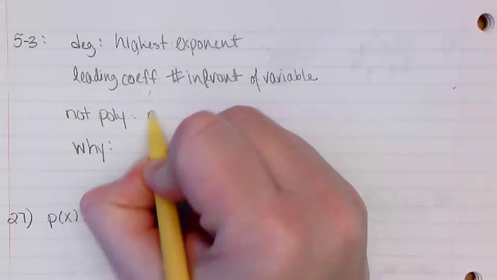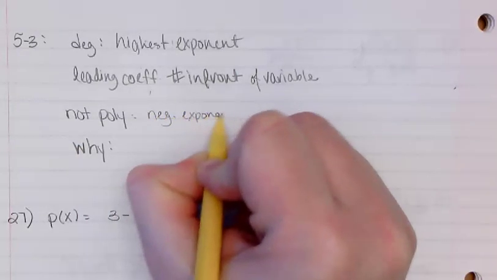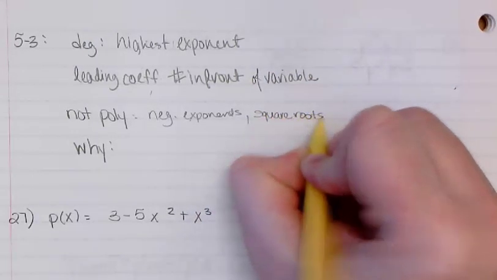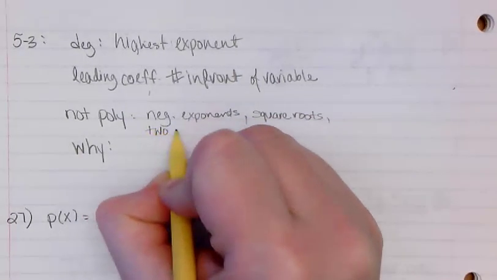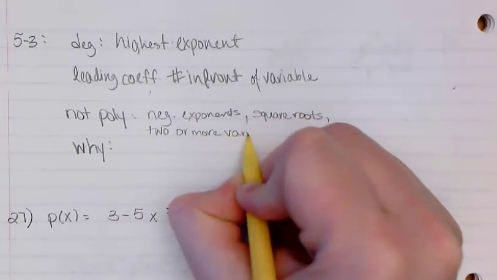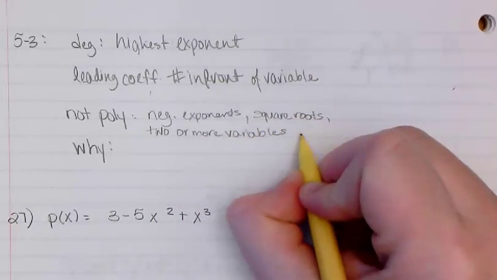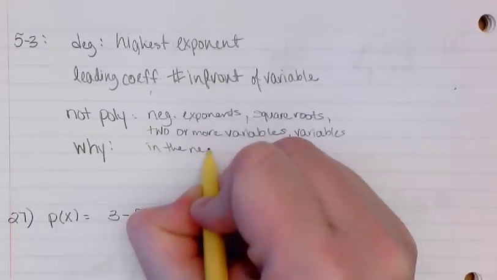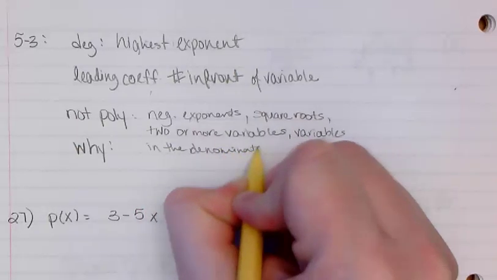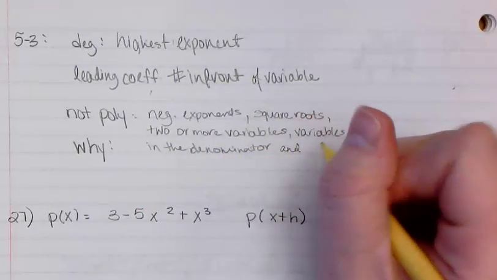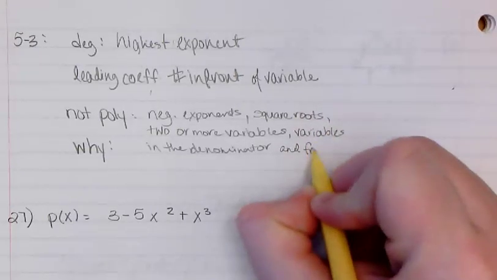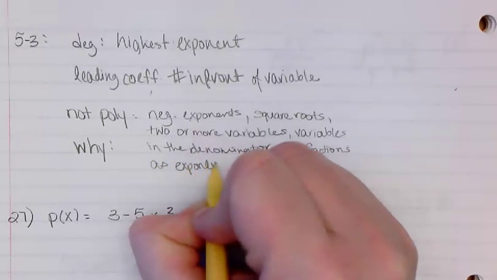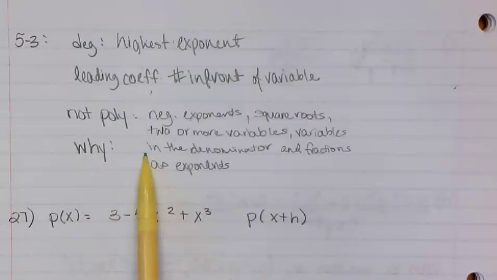So, negative exponents, square roots, or any roots, two variables, so two or more, variables in the denominator, and fractions as exponents. Now, this is what we're looking for, so that would be our exact reason why.